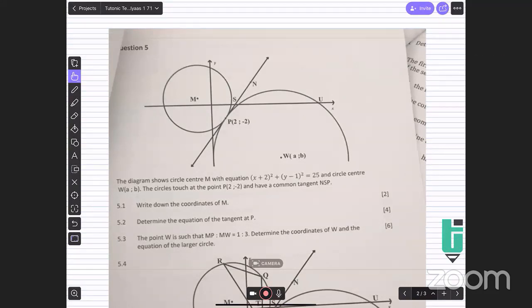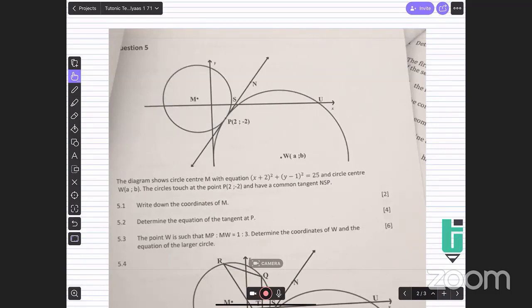The diagram shows circle center M with the equation (x + 2)² + (y − 1)² = 25. So basically, that is the equation of the circle, and we know that the center is M. With just this information, we already know the radius and the center coordinates.